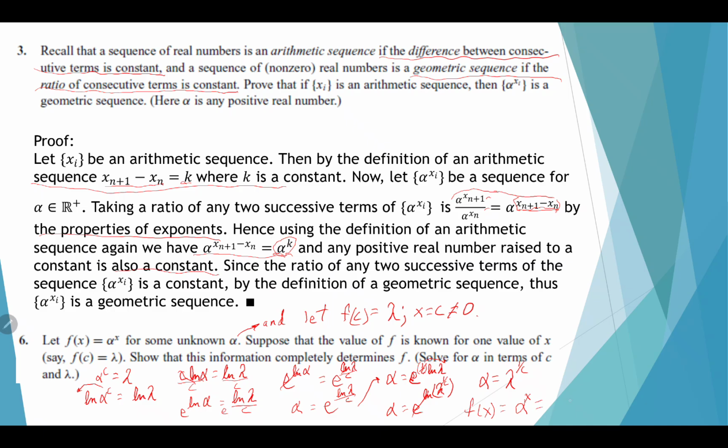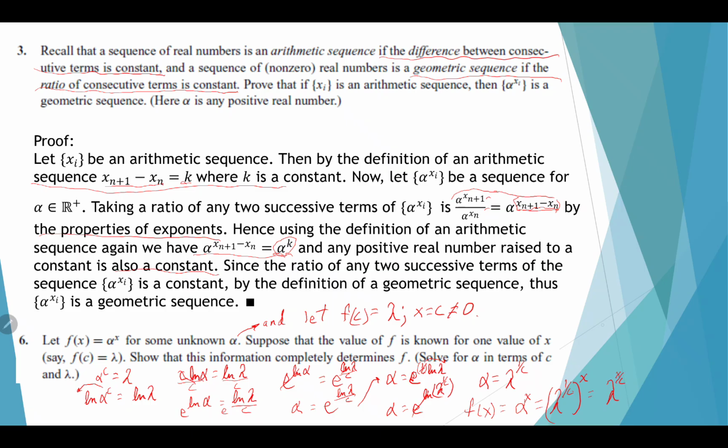But I know what alpha equals. It equals lambda to the 1 over c, to the power of x. And this is going to equal lambda to the x over c.